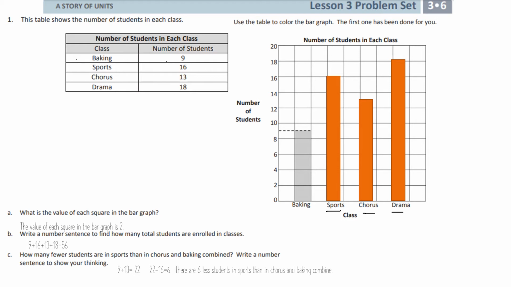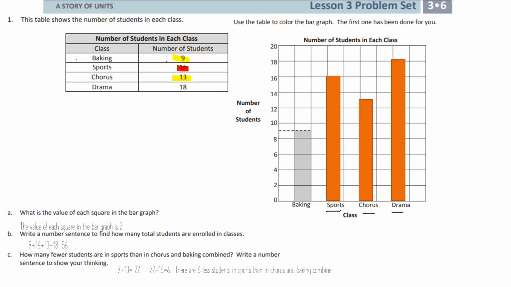I'll highlight it so you can see. So I added 9 first, and chorus, so 9 plus 13, which is 22. And then I subtracted that answer, 22 minus 16, which told me there are 6 fewer students in sports than in chorus and baking combined.